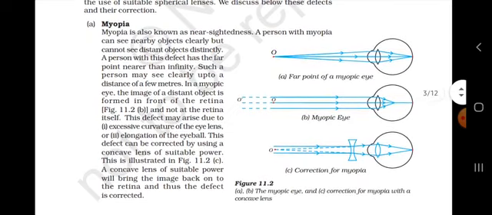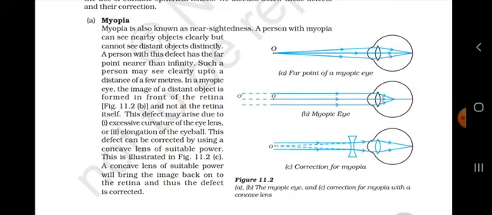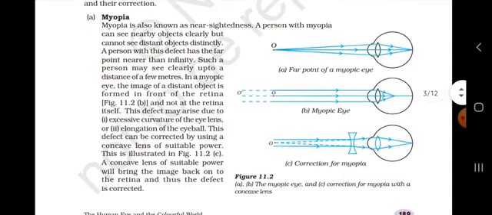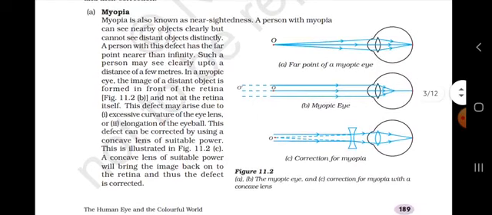Okay, so what is written over here? In a myopic eye, a person may see clearly up to a distance of a few meters. The image of the distant object is formed in front of the retina and not at the retina. Fine, the image should be formed at the retina, but in the myopic eye, the image is formed before the retina.